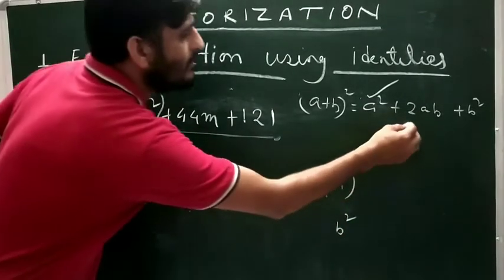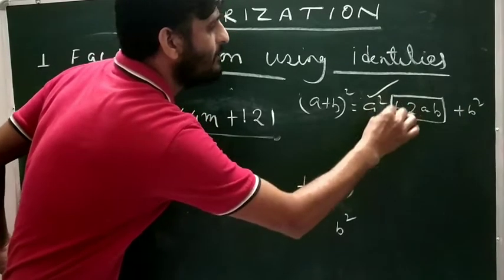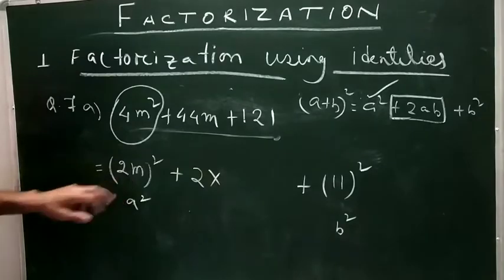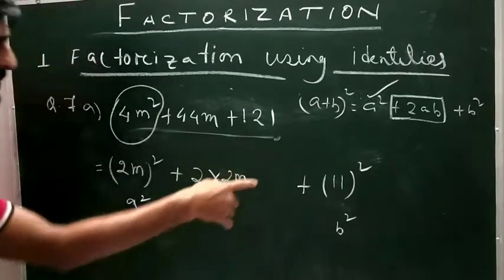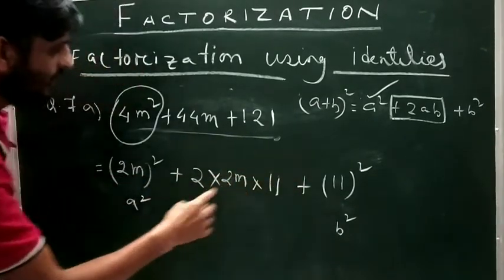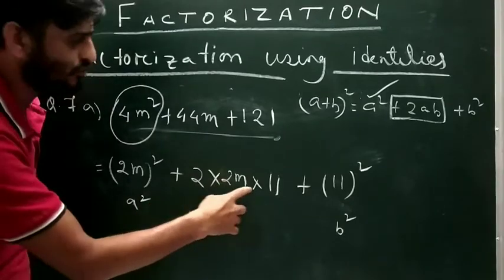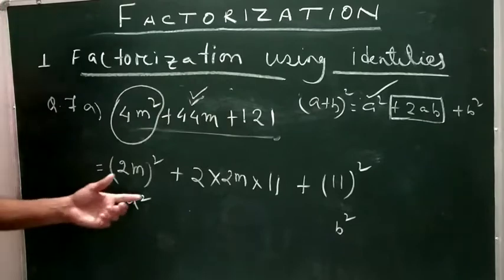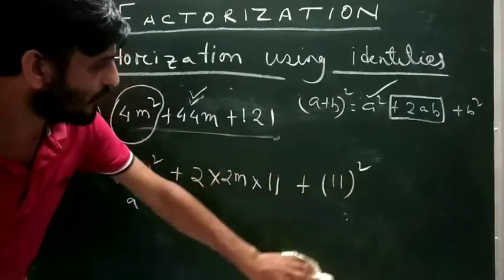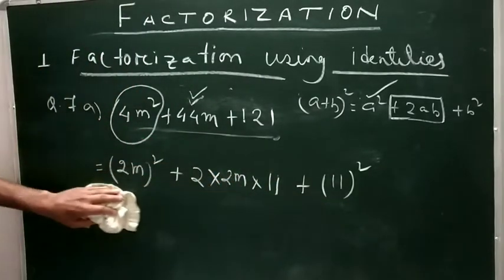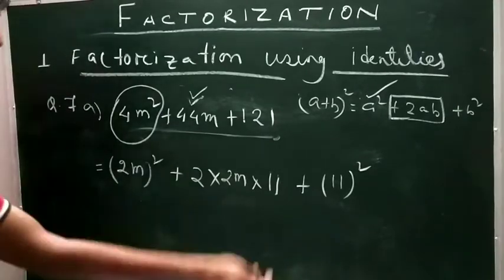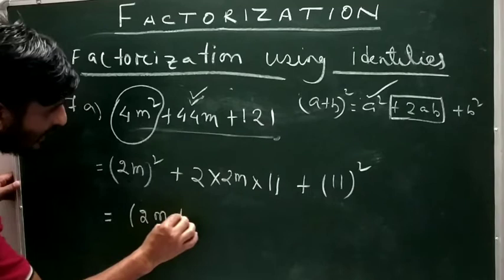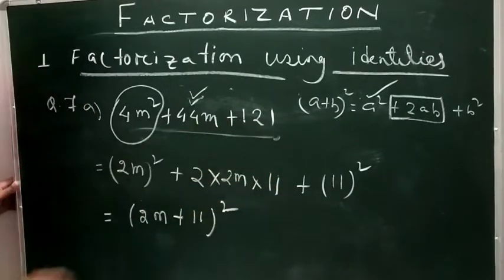Then what will be the middle term? It is twice ab. Here a means 2m, and b means 11. So twice ab is 2 into 2m into 11, which is 44m. Exactly, the result is in the form a square plus 2ab plus b square. That means the result will be (2m + 11) whole square.